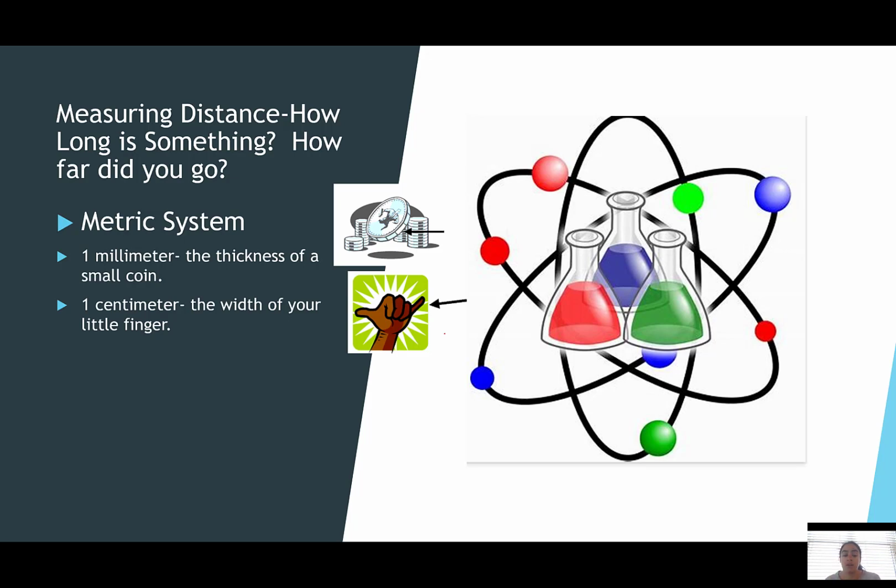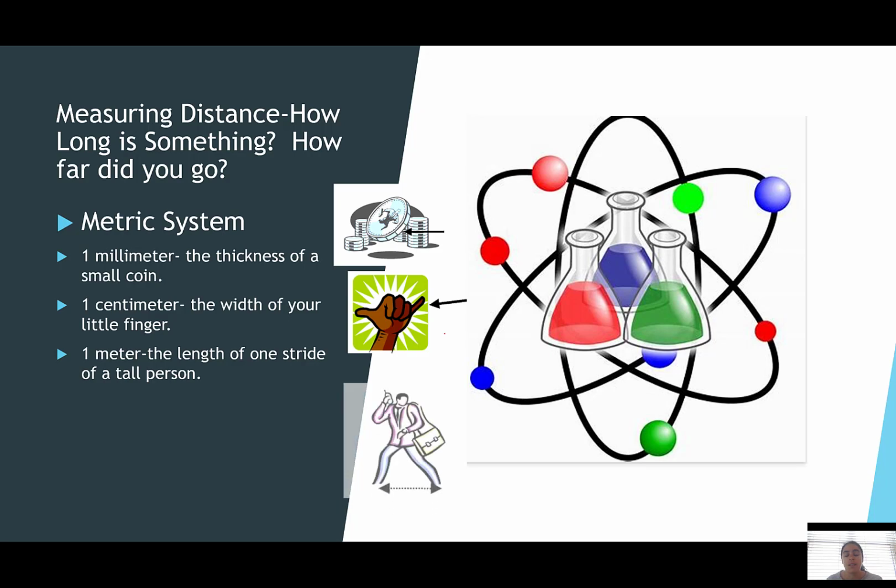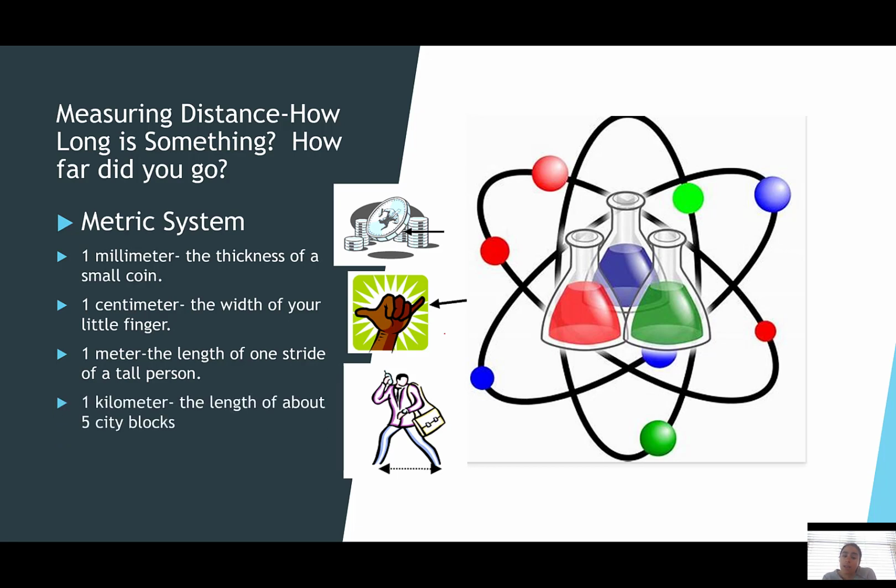1 meter is the length of 1 stride of a tall person. So that's a meter. So if Mr. Lengthy takes a big step, that's 1 meter in his step, okay? And then 1 kilometer. Kilometer in the metric system is kind of like their version of miles. It's the length of about 5 city blocks.